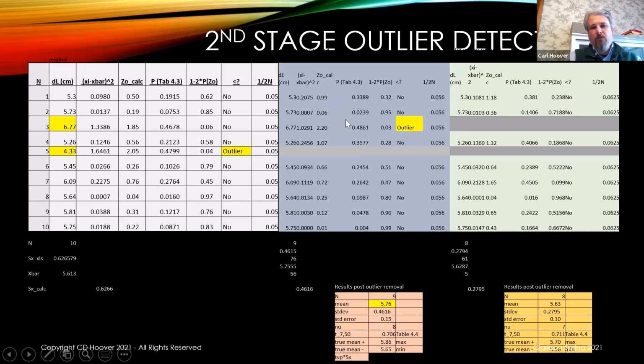Then here we take that value out and repeat the same calculations as we did here. In this case, we actually identify that the third data row is also possibly an outlier, and we could take that out and recompute all of our statistics again.